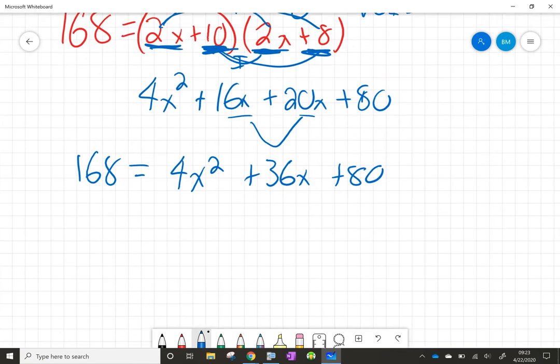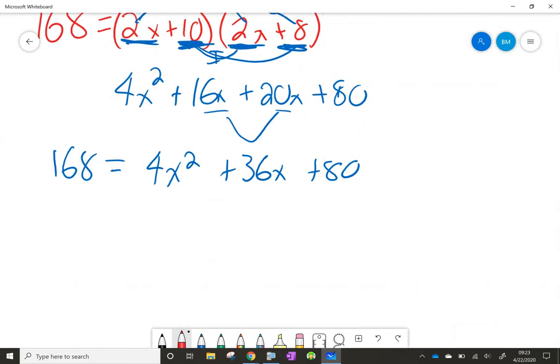So remember from the last video, we talked about a quadratic has to be in the form 0 equals ax squared plus bx plus c, right?